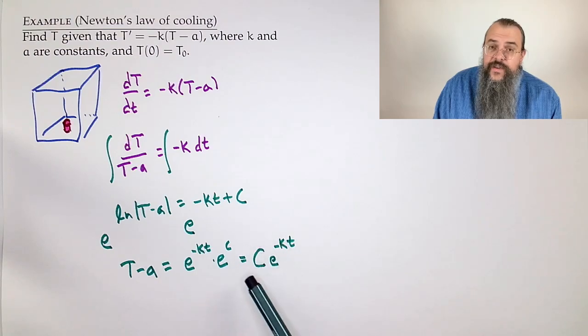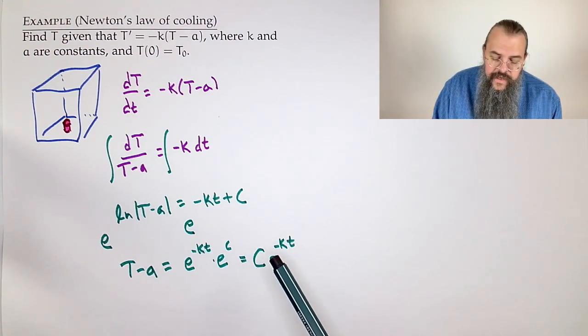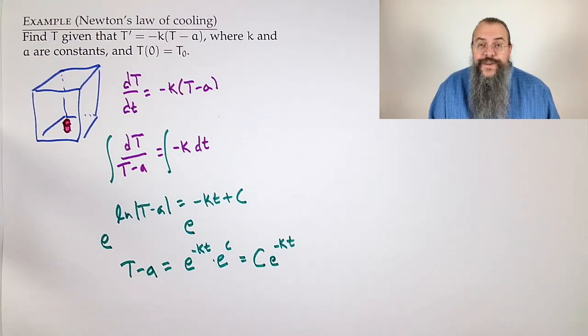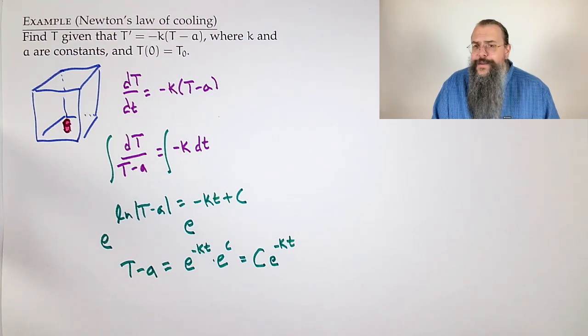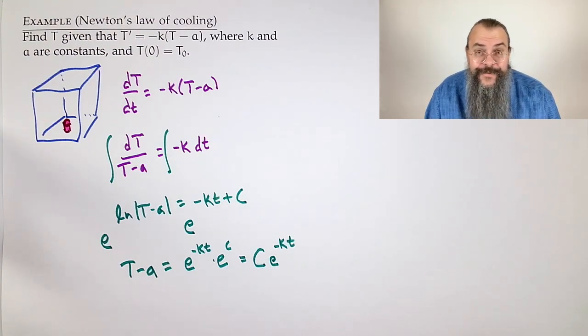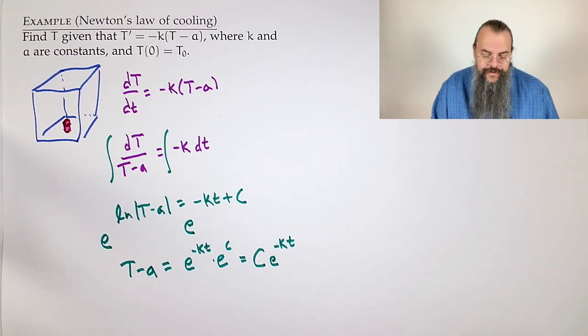I didn't actually specify C was positive, so I'll allow the case for C to be negative as well, and that lets me drop the absolute value. So that's one way to justify it. The other reason is a bit more complex. We'll get into that kind of reasoning as we go on throughout the semester.